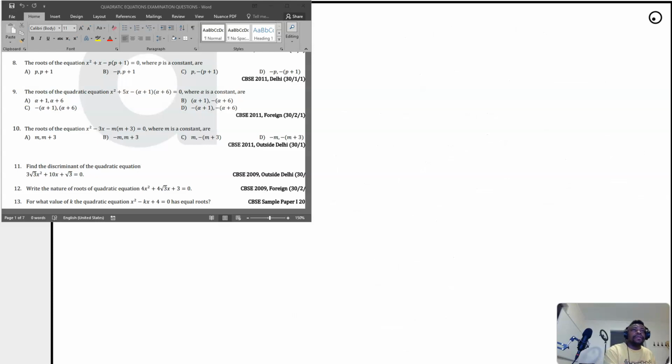Now the next question, for what value of k the quadratic equation x squared minus kx plus 4 is equal to 0 has equal roots? Remember, for a quadratic equation to have equal roots, it simply means discriminant must be equal to 0. And we know our discriminant is b squared minus 4ac.